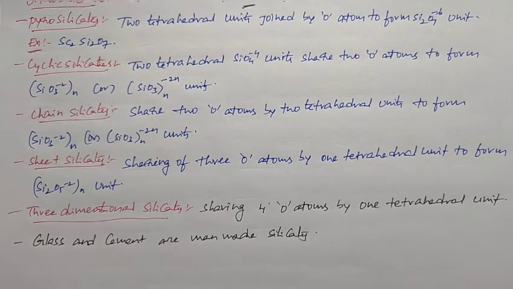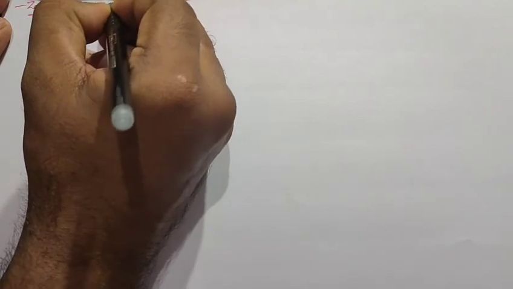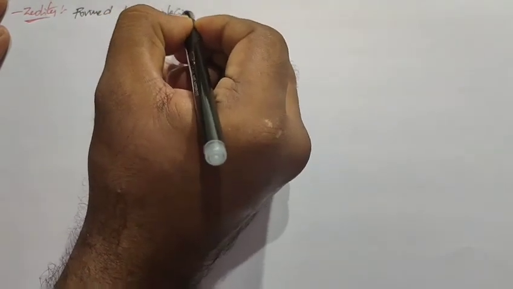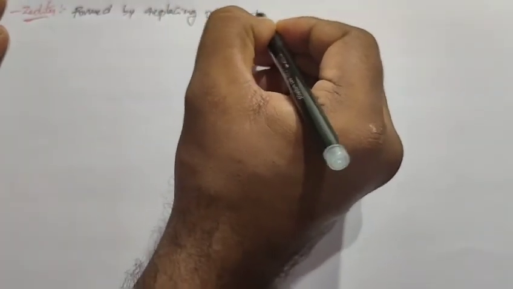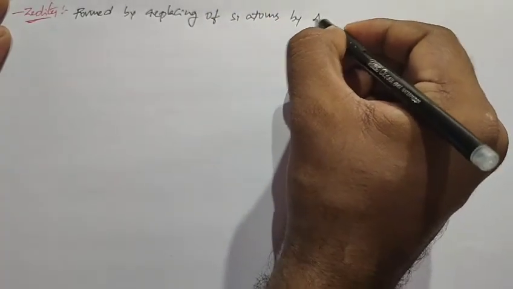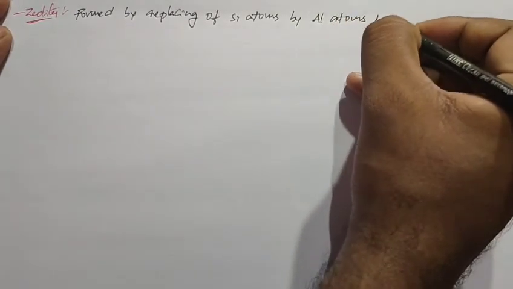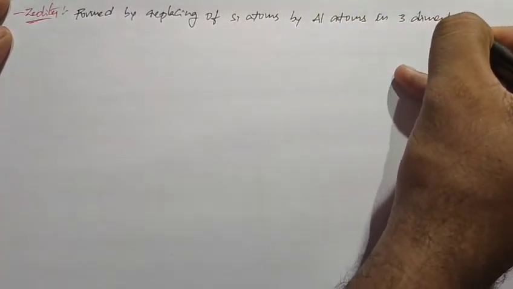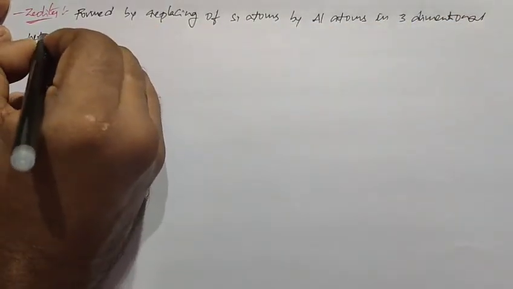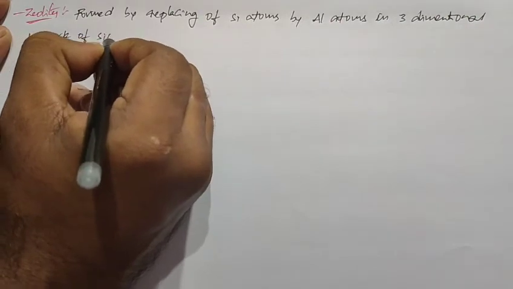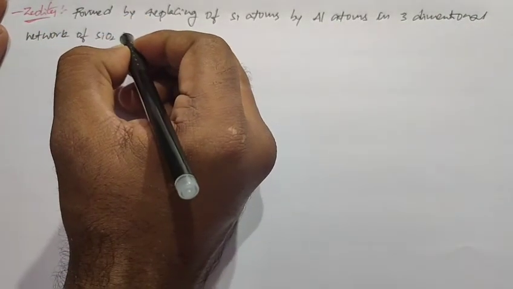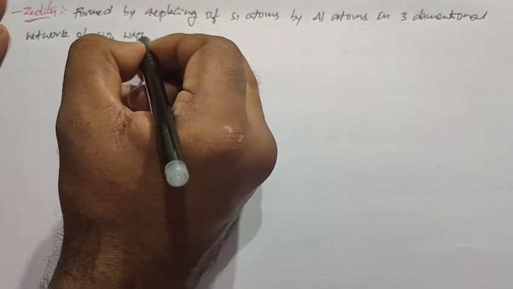And the last one is zeolite. Zeolites are formed by replacing some of the silicon atoms by aluminum atoms in a three-dimensional network of SiO2, which gives a negative charge.